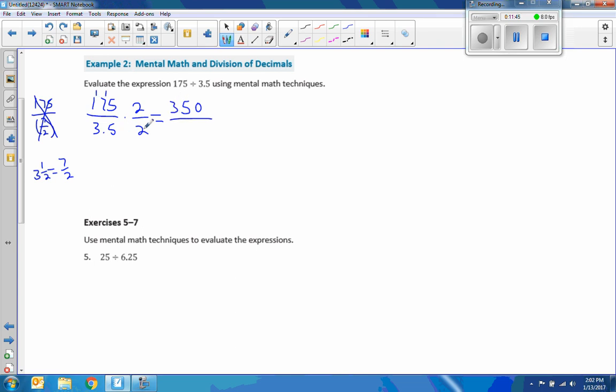Divided by 3.5, 5 times 2 is 10, carry the 1, 3 times 2 is 6, plus 1 is 7. Don't forget your decimal place, so it's really just 7. Okay, so don't think you're going to just cancel out those zeros. You're now just going to have 350 divided by 7. Well, 7 goes into 35 5 times, and then you just put that 0 after it.